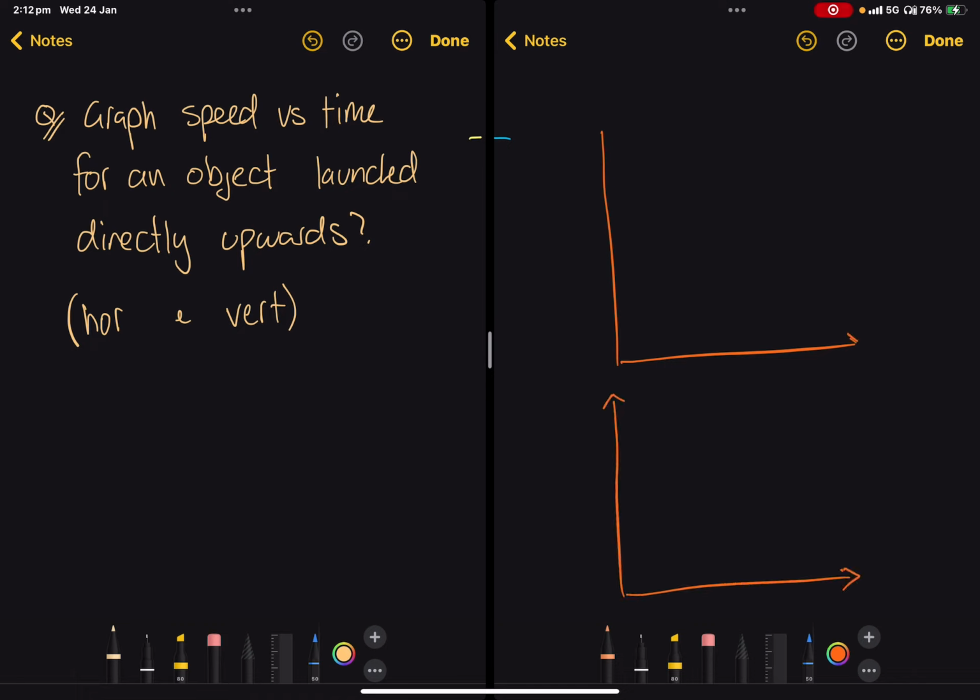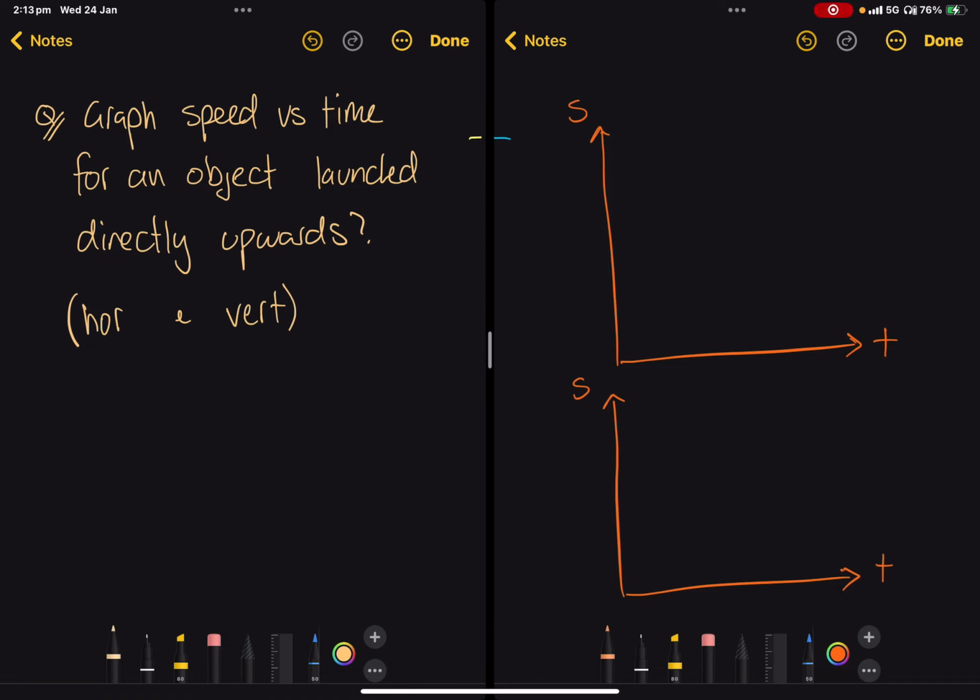So this will be speed versus time. So I suppose we'll put the speed on this axis, we'll put the time on this axis. Now, if this object is thrown directly upwards, it will only have speed in one direction.